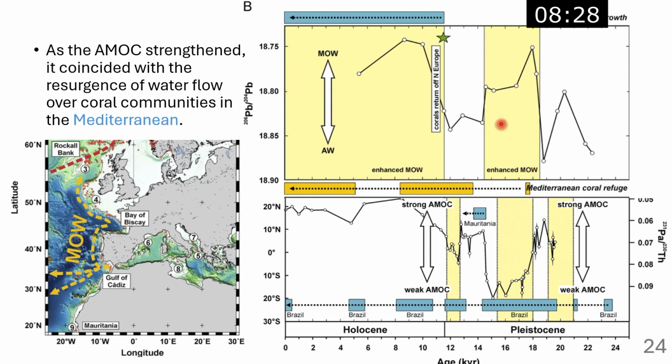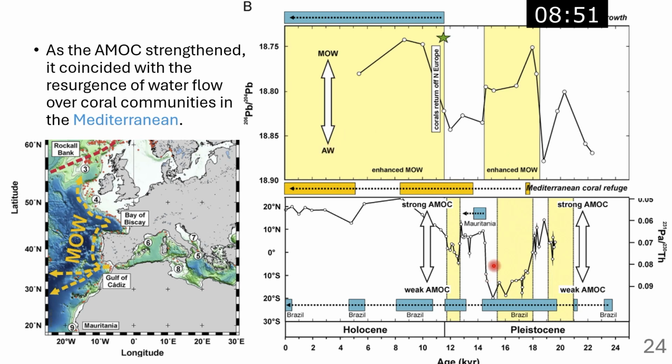So I combined two figures. This is what we use to see the strength of AMOC. And this proxy here is, if the line goes up, it means stronger Mediterranean Outflow Water, and when it goes down, it means stronger Atlantic water.